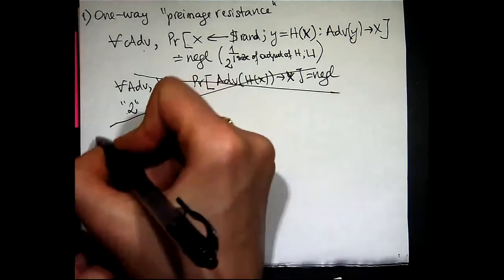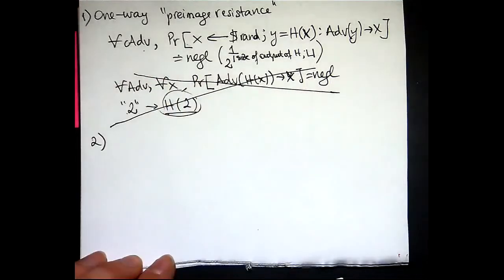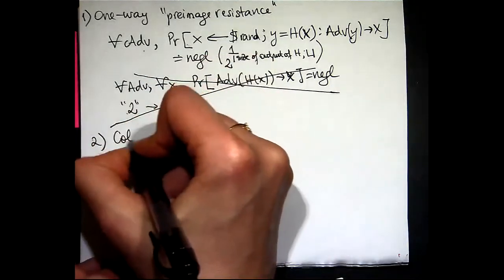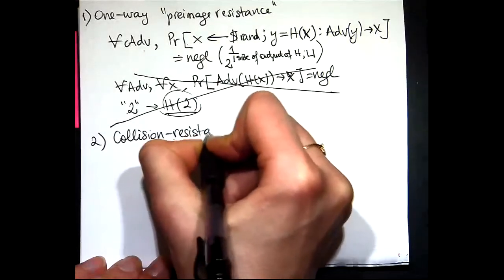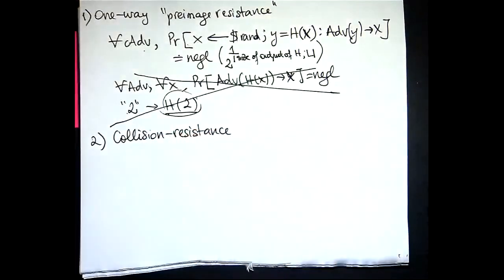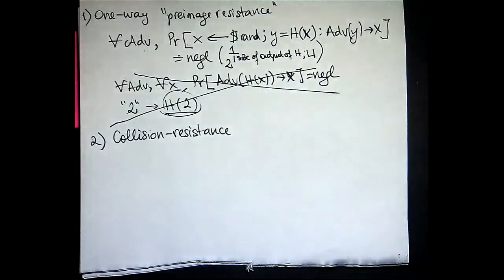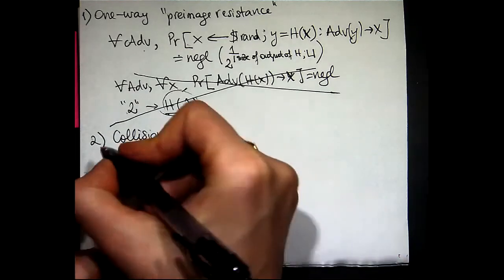Now, the second and very important property is collision resistance. And this is what cryptographic hash functions are primarily used for. So basically it says no human or human machine can find two X's that are different but map to the same hash.